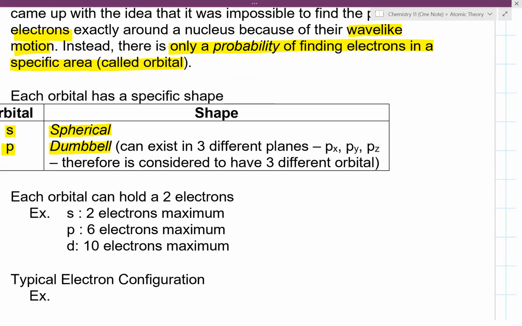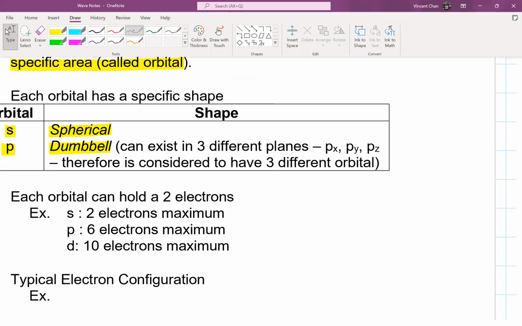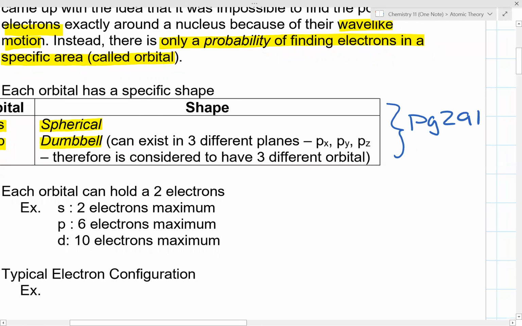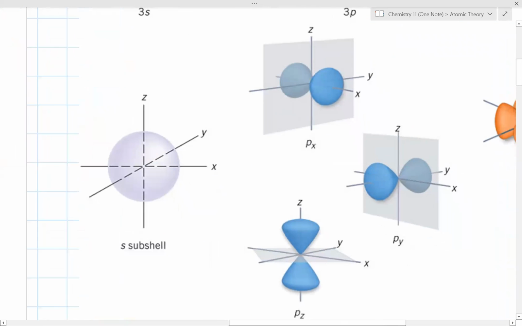Now, if you refer to page 291 in your textbook, you'll see a diagram similar to what I have here. So we have the s orbital, and then we have the p orbital. Notice the p orbital can exist as the x, y, and z, in 3 different planes.